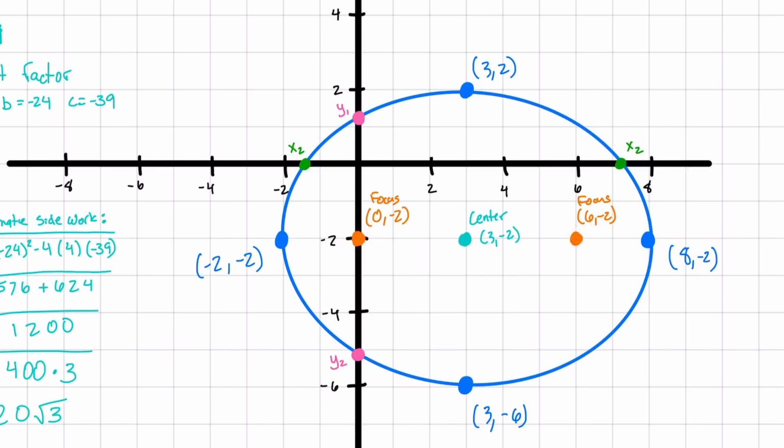If I moved them apart vertically, this ellipse would not be wider than it is tall. Does that make sense? So the picture should be self-correcting if you were moving the foci in the wrong direction.